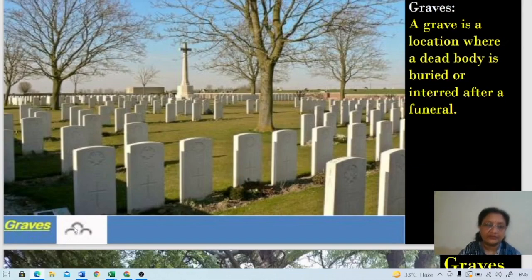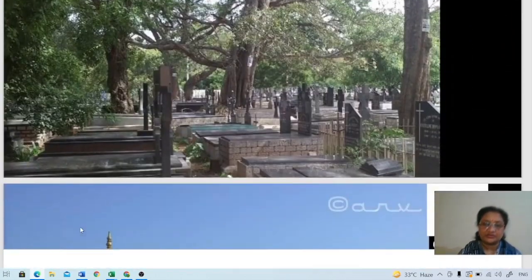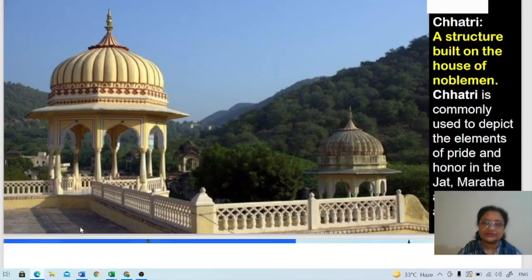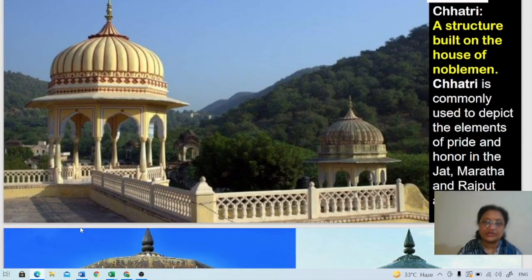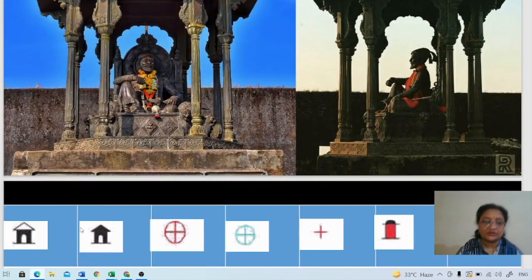This one, right? Now these are again the graves. These are shown this way, and this is chhatri, right, a structure built on the house of some Rajput noblemen. It used to be there earlier. These days also you can find it in a few places, right?